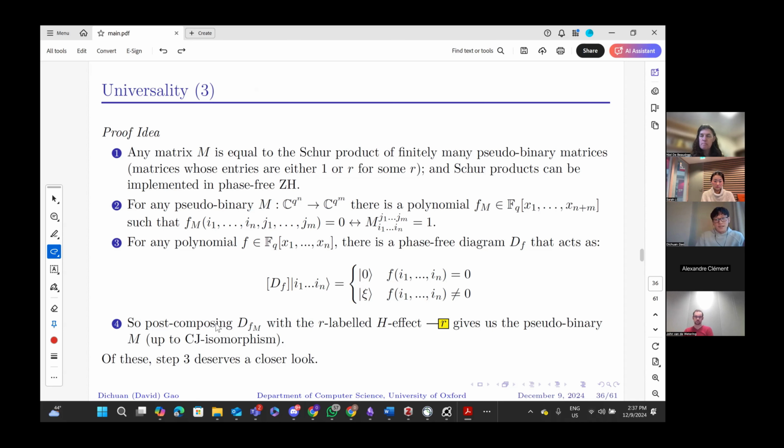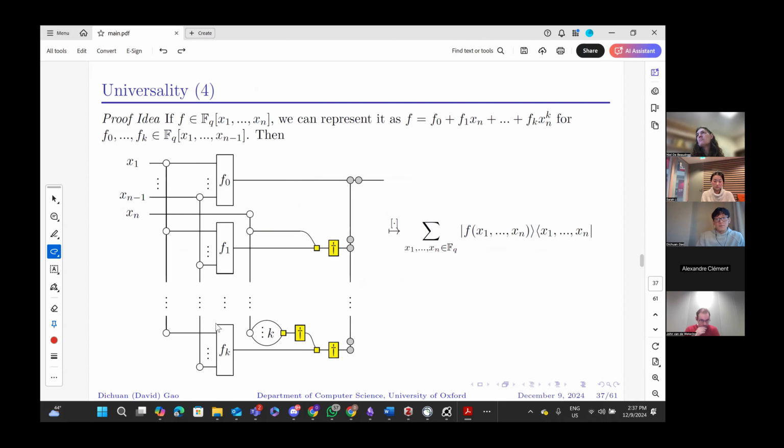And so then you've essentially reduced the question to constructing any classical polynomial function on the Galois field. And you can indeed build any polynomial using a recursive normal form like here. And I think you can probably already guess what this would look like even before I flip the page, since polynomials only involve multiplication and addition.